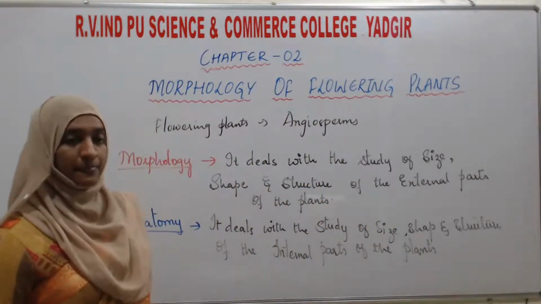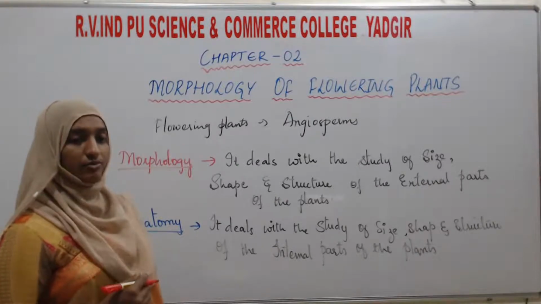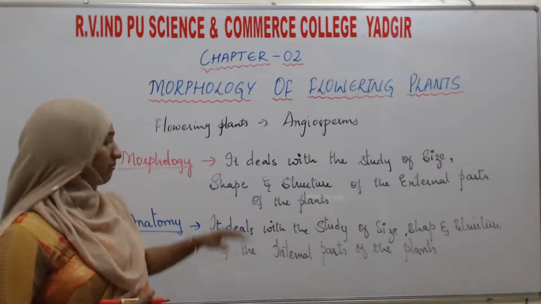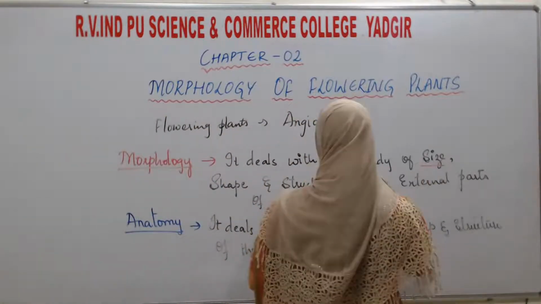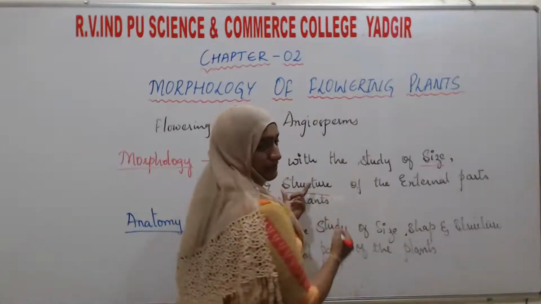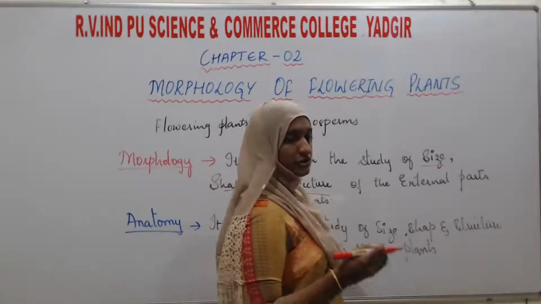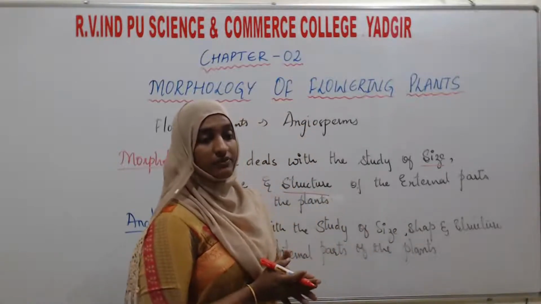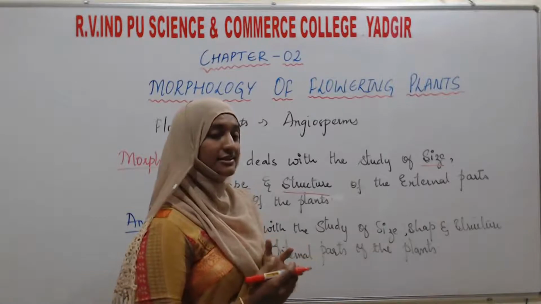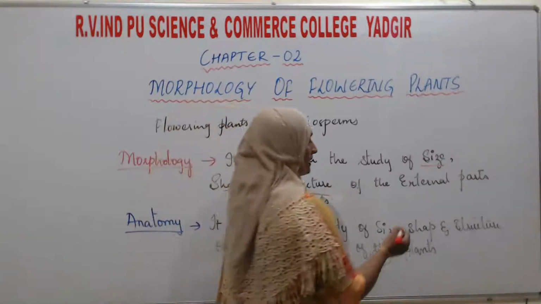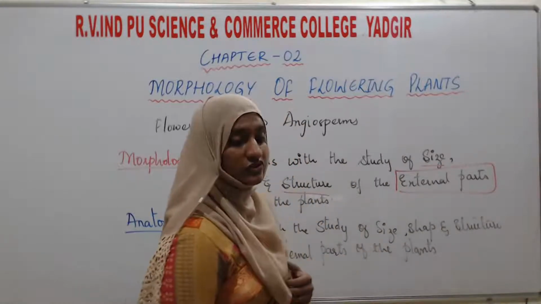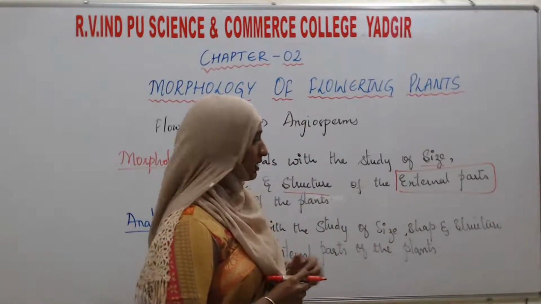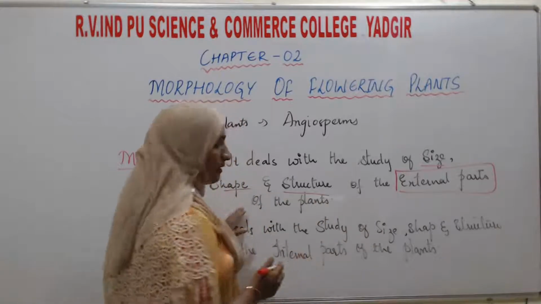See here, what do you mean by morphology and what do you mean by anatomy? Morphology is the study of size, shape, and structure of the external parts, the parts which are present outside the body of the plant.